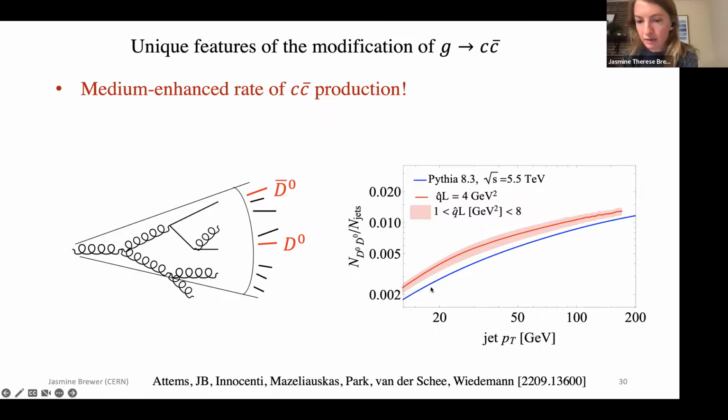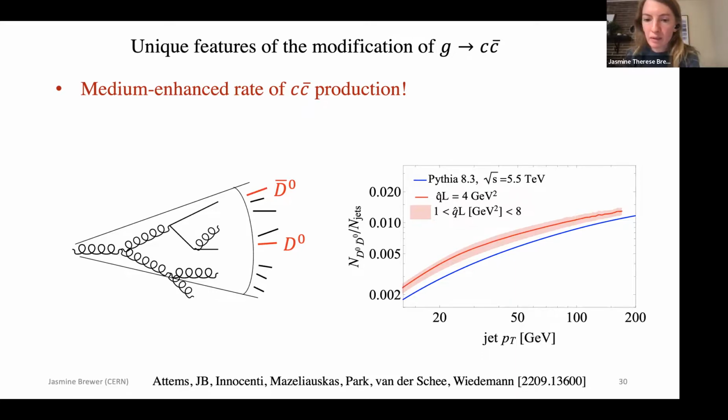So this we can think of as the proton-proton baseline. And then due to these interactions with the medium, we expect an increase with respect to this proton-proton baseline, which is given by this red band in heavy ion collisions.